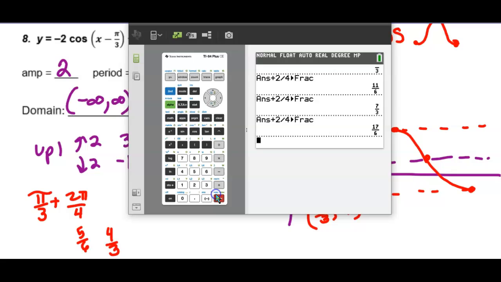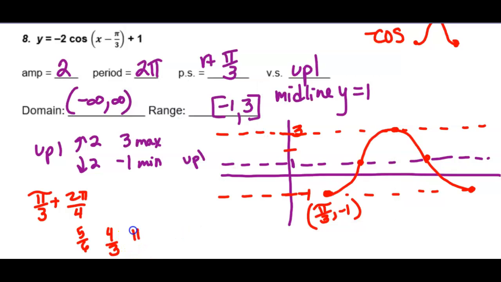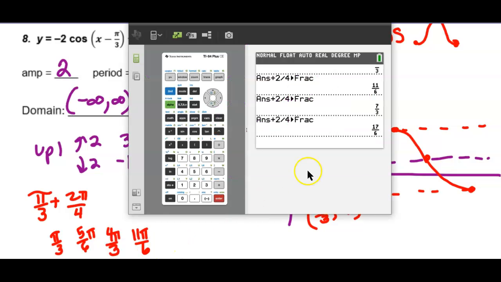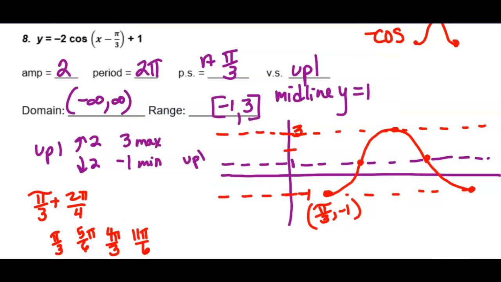And actually, if you keep hitting enter, if you've done it the way I have, it'll give them to you. So after 4/3, we had 11/6. Remember, we left out the pi. And then after, we need one more. So after 11/6, it had 7/3.